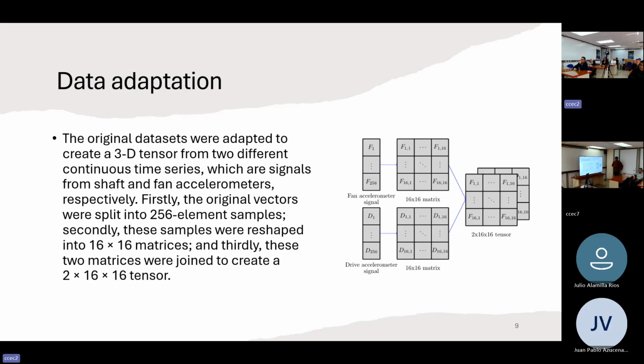These samples are later reshaped into a matrix. As you can see, in the first stage we have vectors, in the second stage we have matrices, and finally these matrices are joined to create a bidimensional tensor, which will be analyzed in a convolutional neural network.